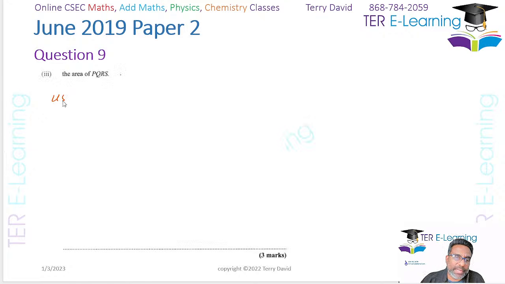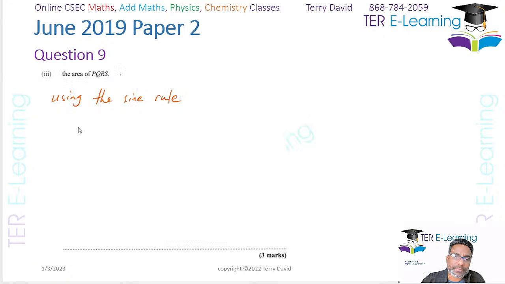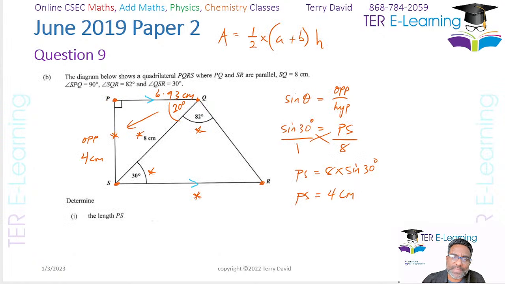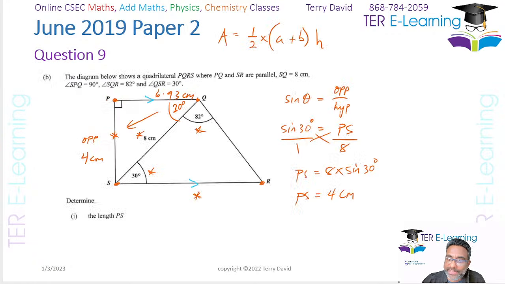The sine rule takes a length, so SR, which we don't know, divided by sine of the angle that is opposite SR, which is 82 degrees, is equal to another side in the triangle, which is 8.